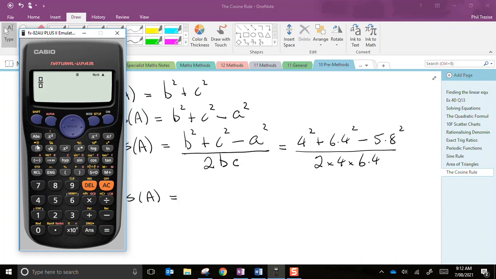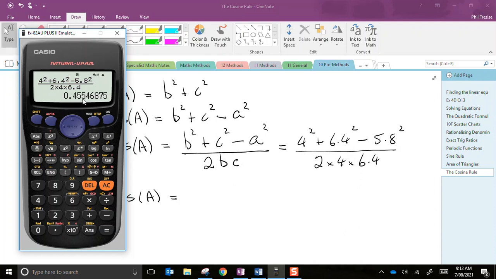I'll need a fraction. 4 squared plus 6.4 squared. Take 5.8 squared over 2 times 4 times 6.4. Just have a quick look to make sure I typed that all right.